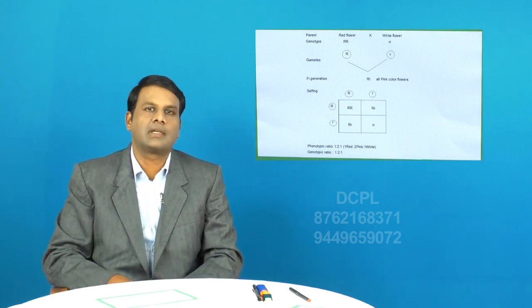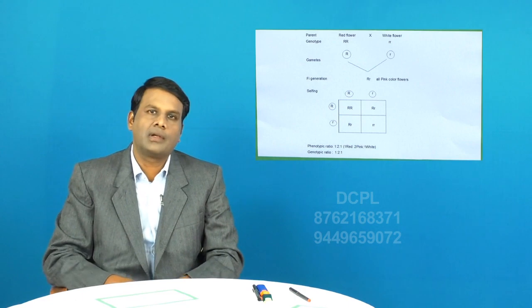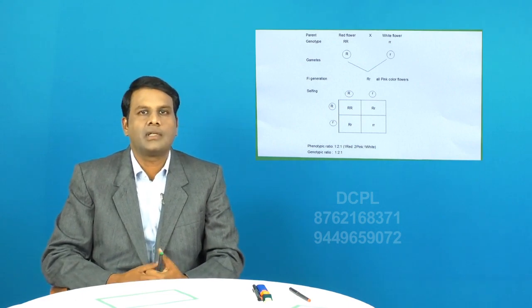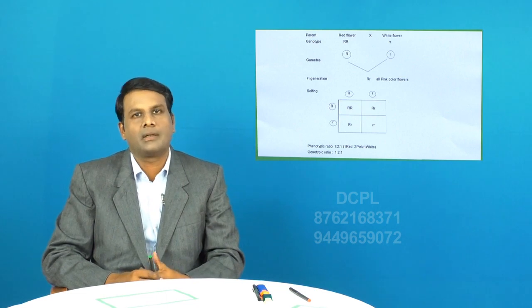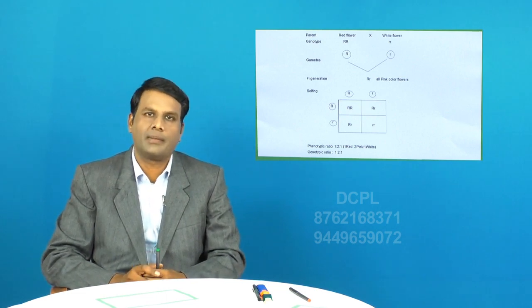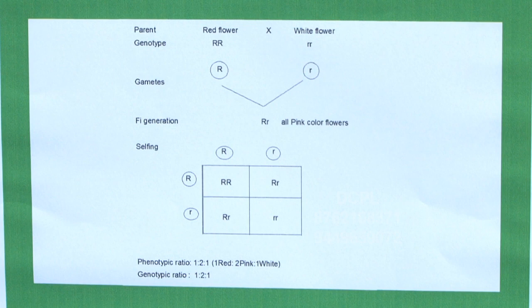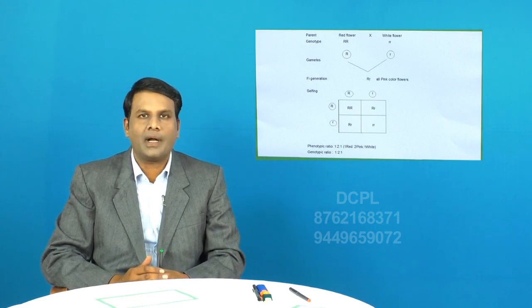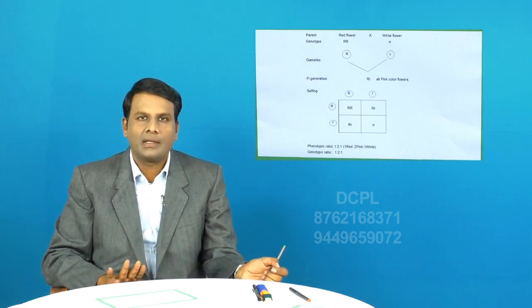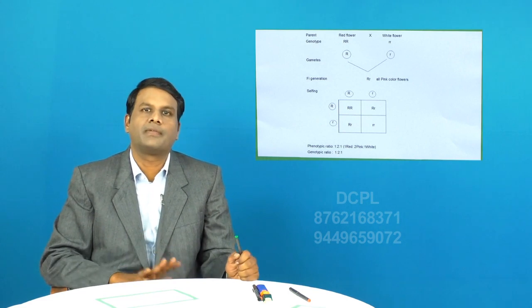This is called incomplete dominance, wherein the dominant gene is incompletely dominant over the recessive gene. Plants like Mirabilis jalapa and Antirrhinum show this type of inheritance.